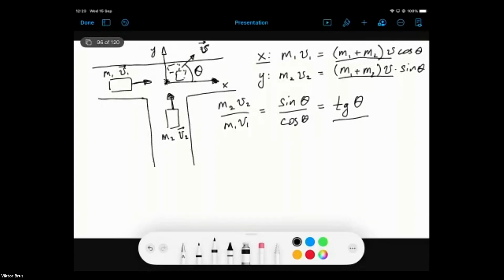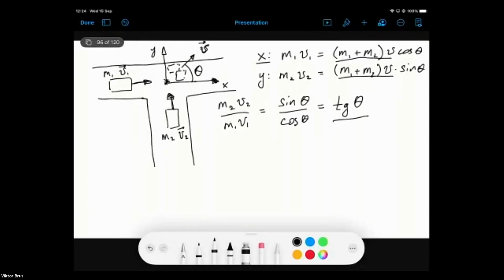And if, in the opposite case, m1 times v1 is much larger and it's in the denominator, this ratio will tend to 0, and tangent theta will approach 0. So it will be sliding almost in parallel to axis x.